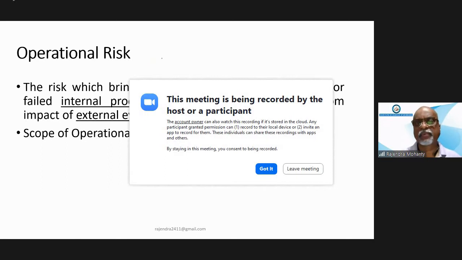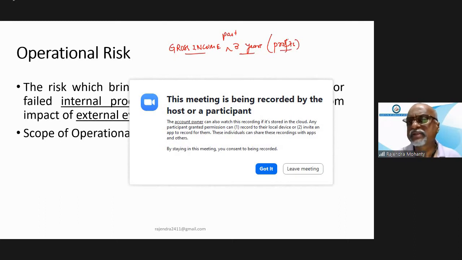For these two approaches, the first thing required is we have to take the gross income of the bank. The gross income of the bank has to be obtained for the past 3 years, subject to the fact that in those 3 years, the bank must have profits.